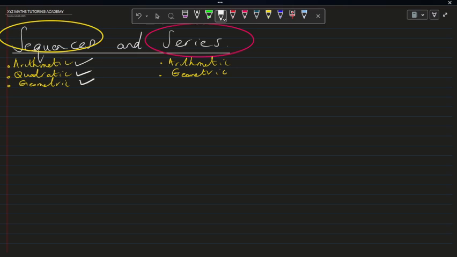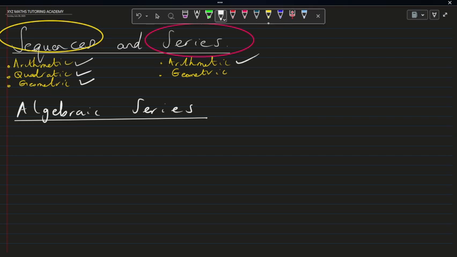Okay. Spoke about this. But then today we are doing something different. We are working with algebraic series. And as you can see here, we have two types of algebraic series.